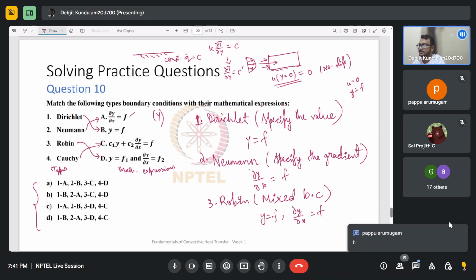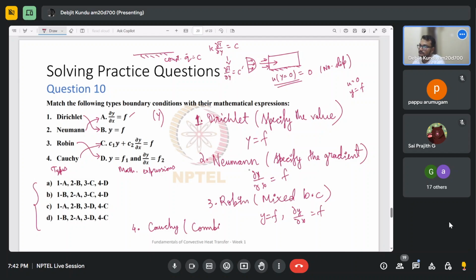Cauchy basically means a combination of both values and gradients is mentioned. So this is Cauchy's equation. So it should be 1b 2a and 3d 4c.